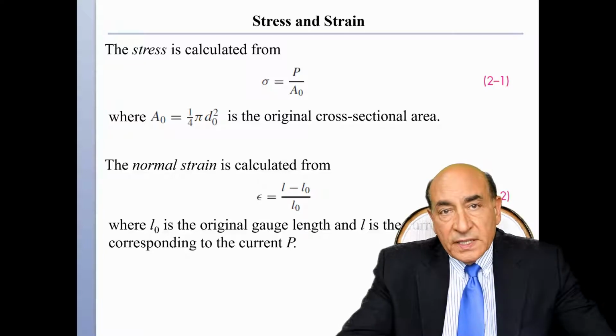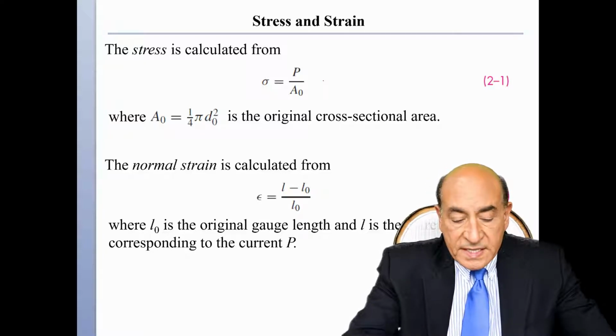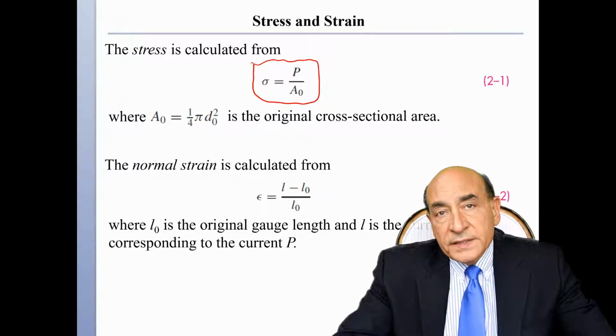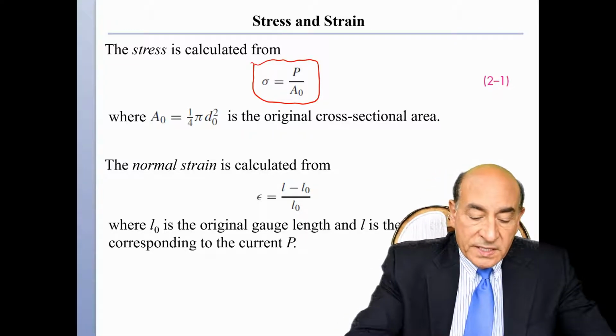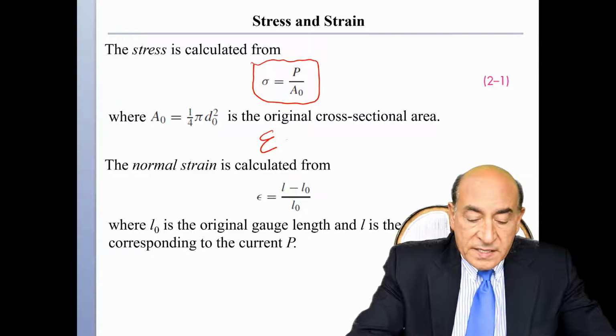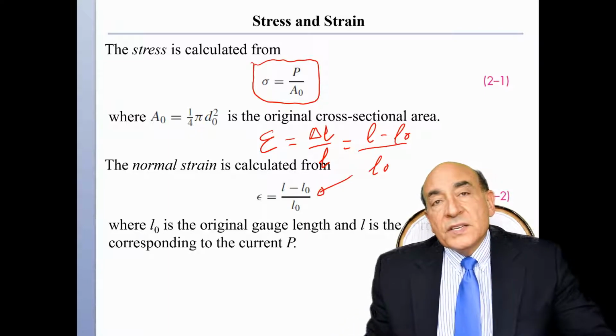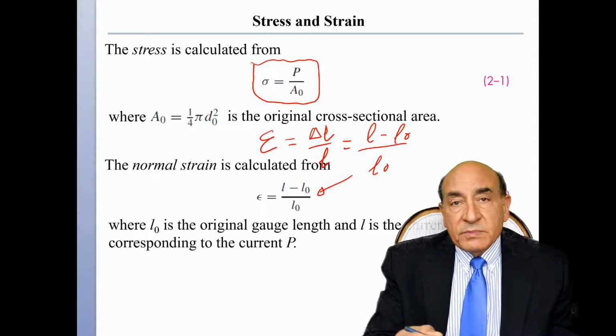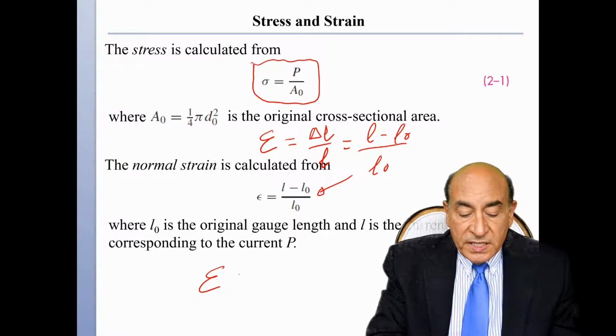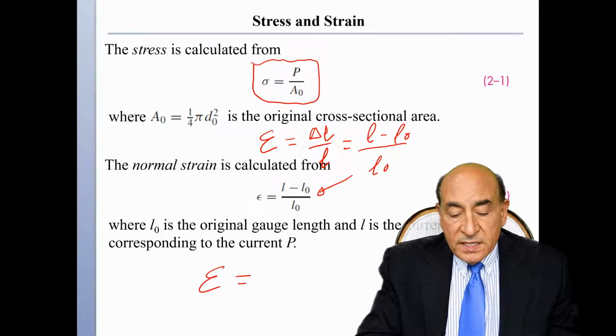Okay, so based on this, we can derive the engineering stress as I described it here, P over A0, and we can also find the engineering strain. The engineering strain epsilon is equal to delta L divided by L0, and delta L is L minus L0. So if I divide by L0, then the engineering strain is equal to L divided by L0 minus 1.